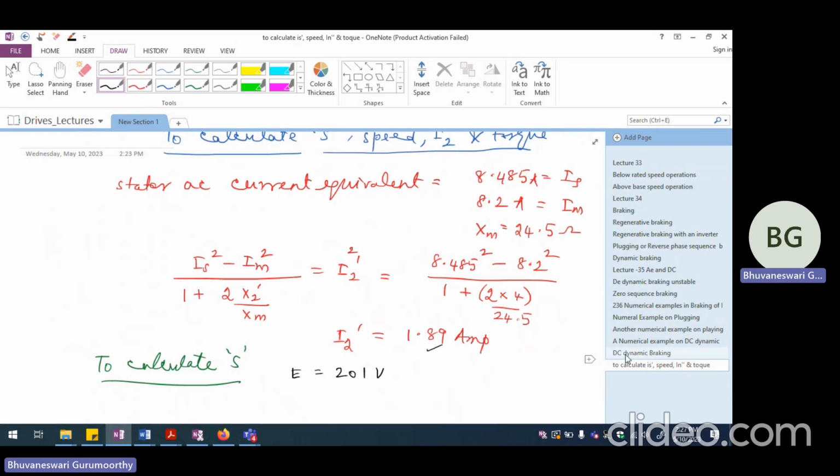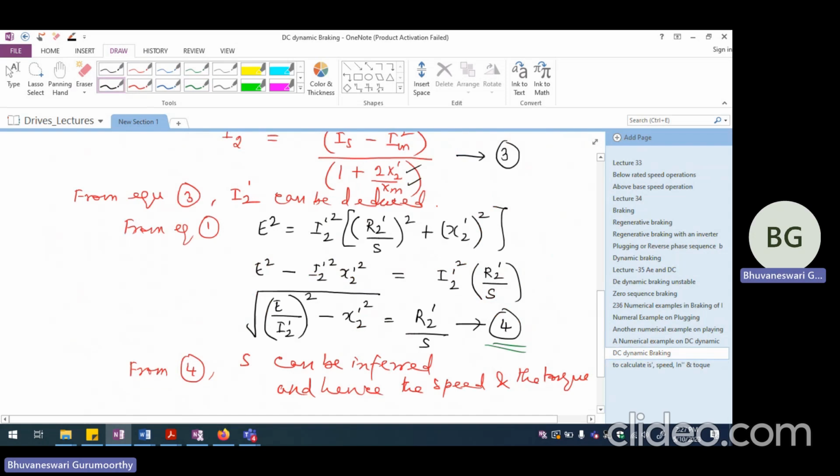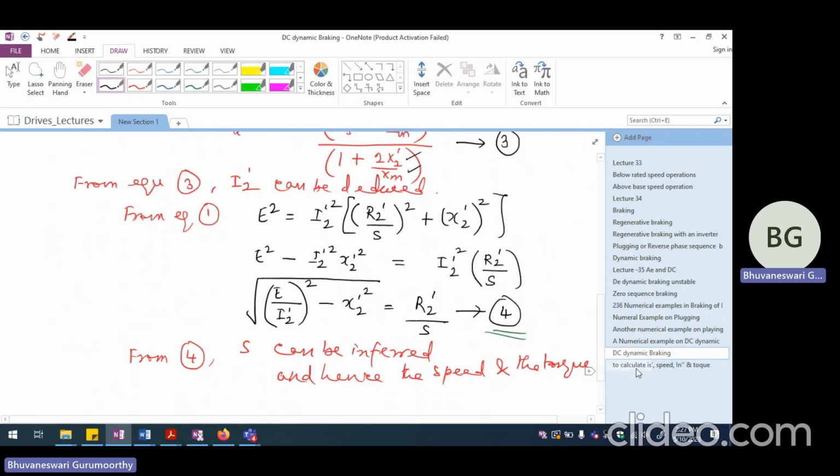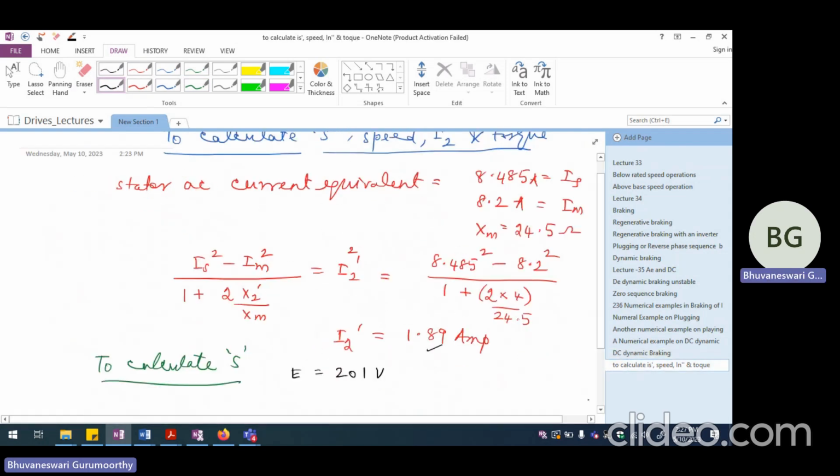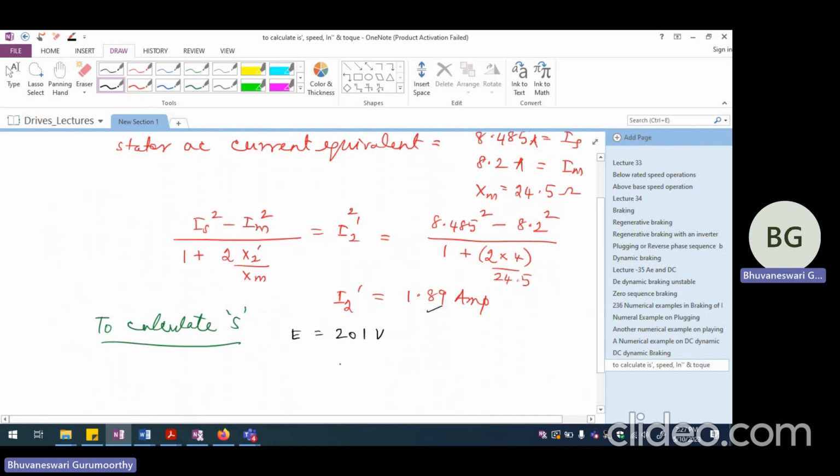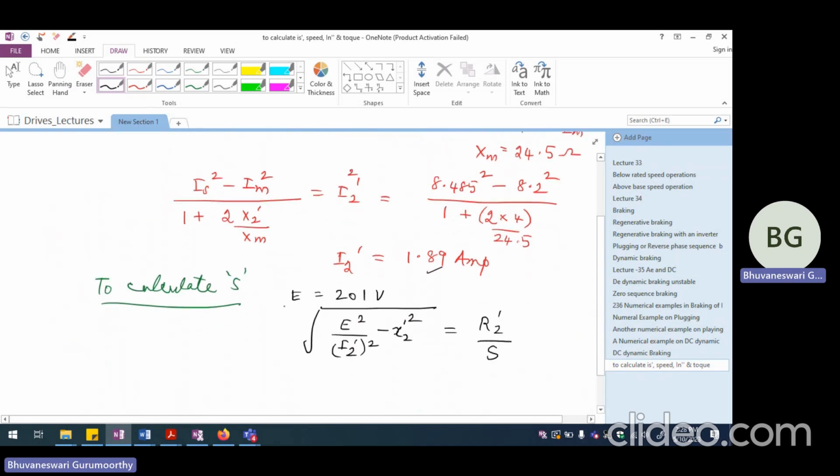So let me write that expression once again. The square root of E square divided by I2 dash whole square minus X2 dash square will be equal to R2 dash divided by capital S.